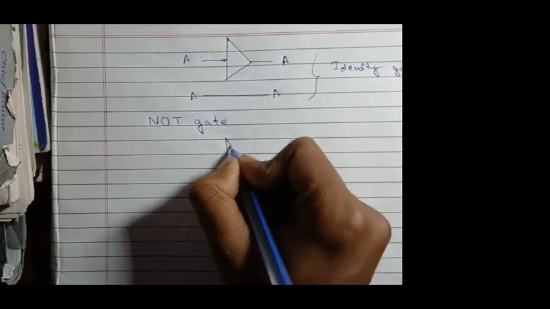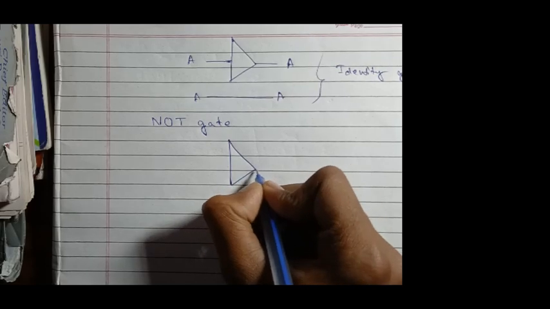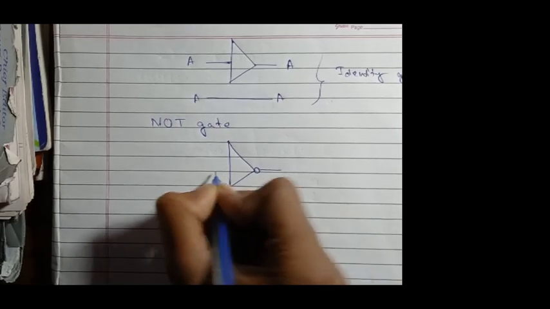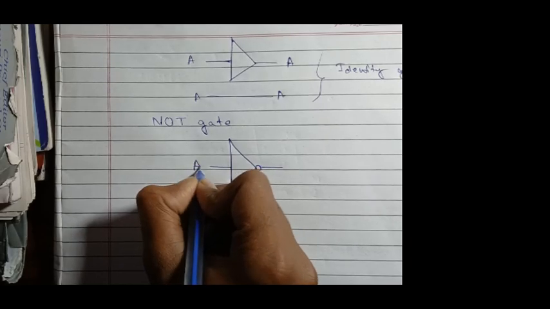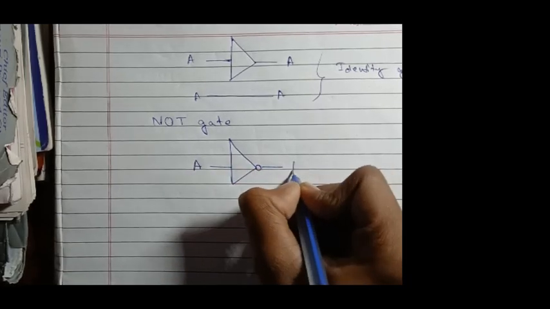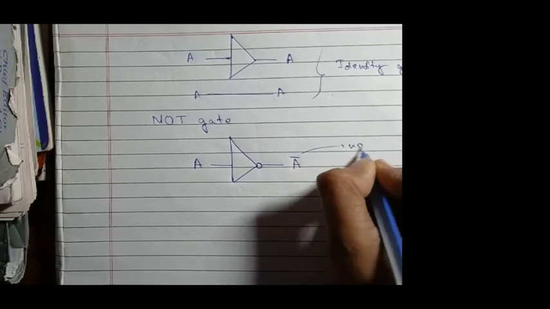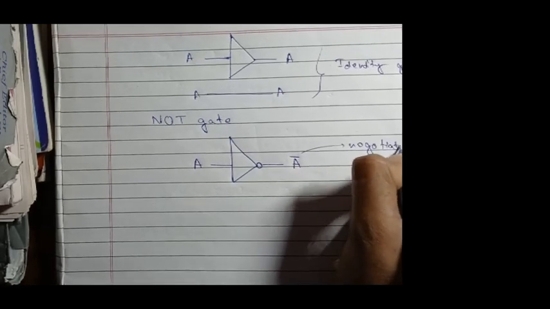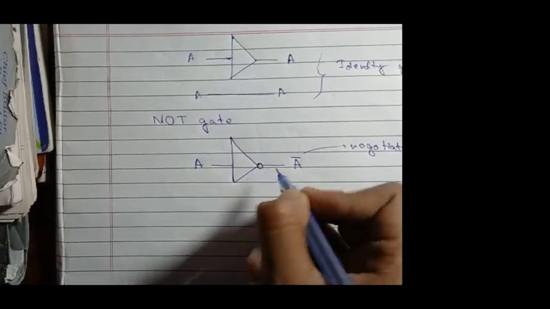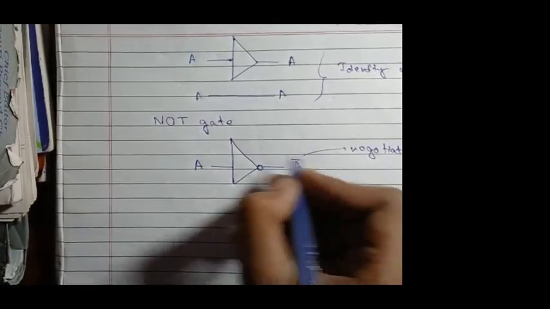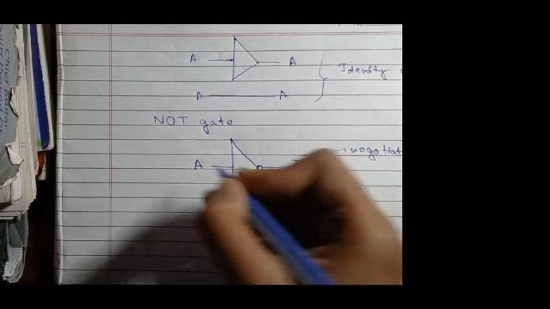We will take a single triangle and make a small circle here. Suppose we give A as input, then we will get A bar as output. Here bar is used for negation. It flips the input just because of this circle. This circle helps in flipping the input.